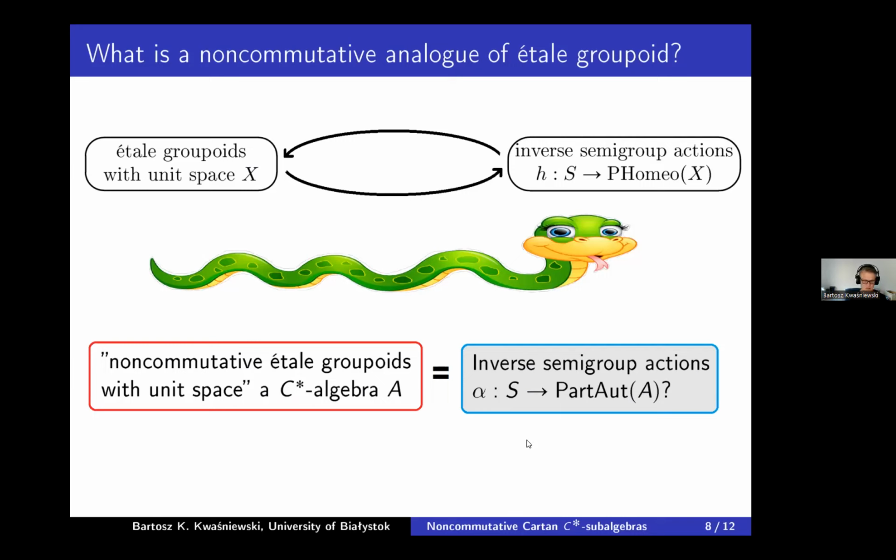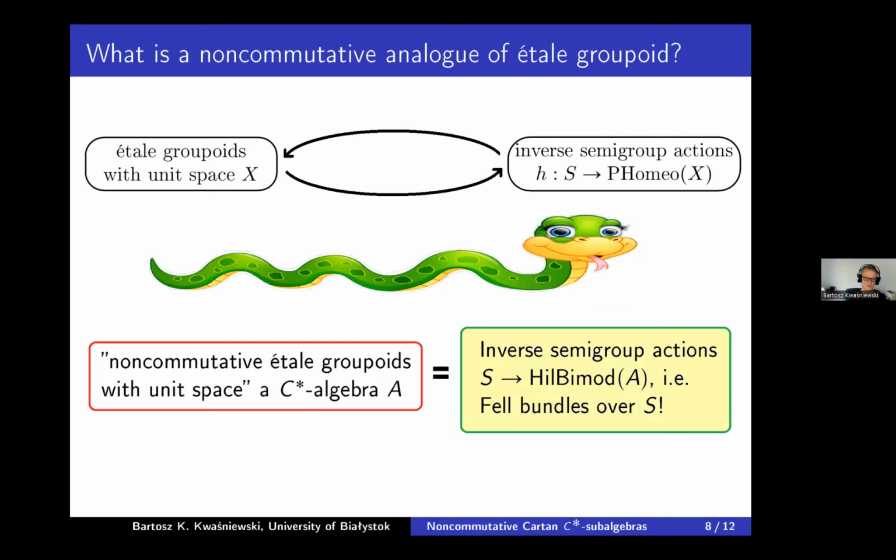This theory exists and is well developed, but since we also want to include twists and all this stuff, it makes much more sense to replace these étale groupoids in a non-commutative setting by inverse semigroup actions by Hilbert bimodules. These actions go by the name of Fell bundles over S. So I will now talk a bit about this non-commutative structure of inverse semigroups of Hilbert bimodules.